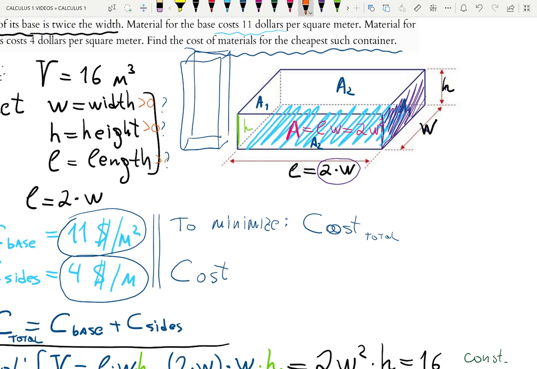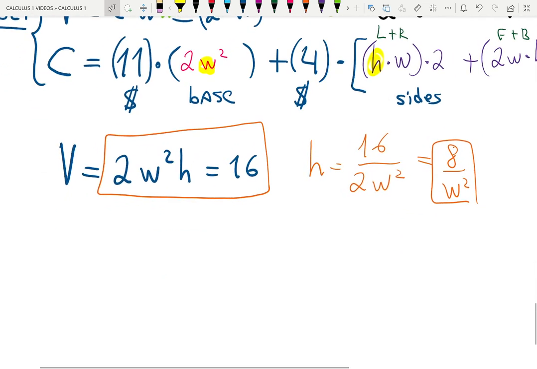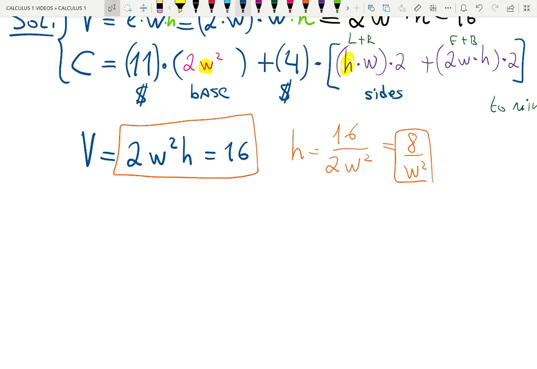Sometimes people do positive or equal to 0, but in this case, they say, well, if the sides are 0, there's no volume. In this case, we're just not going to allow it. W cannot be 0, so we don't divide by 0. So now, substitute this beautiful relationship between h and w into the objective function.